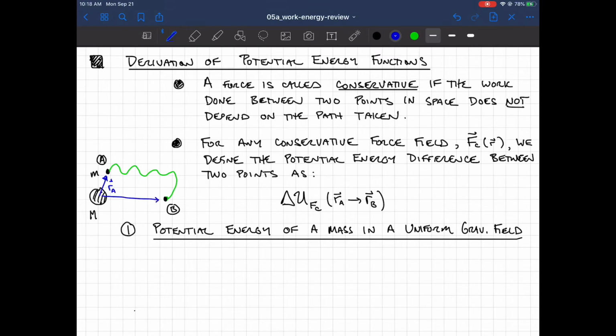For instance, an origin which is at the center of the big mass. So we're going along this path C from A to B, and we want to calculate the potential energy from A to B due to that force.